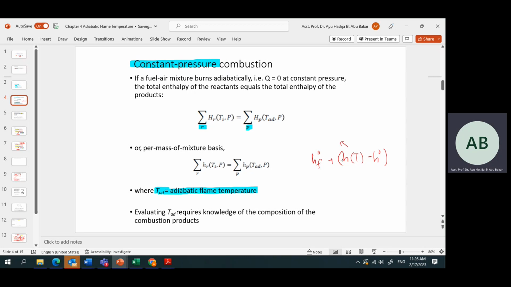But now for adiabatic, the enthalpy is at T adiabatic, the temperature when Q equals 0. This temperature is the one that you need to find later on. This is the unknown.